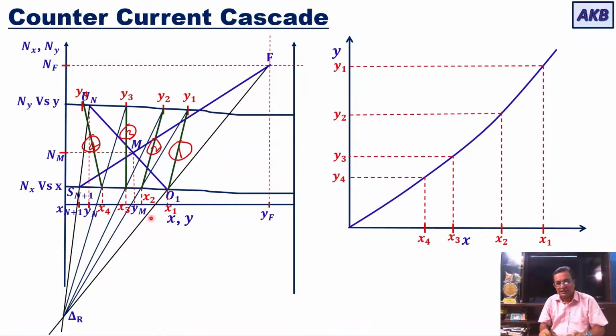So with this, I end my discussion for the theoretical aspects of multi-stage countercurrent leaching. In my next video, I will be solving one numerical that is based on today's topic.